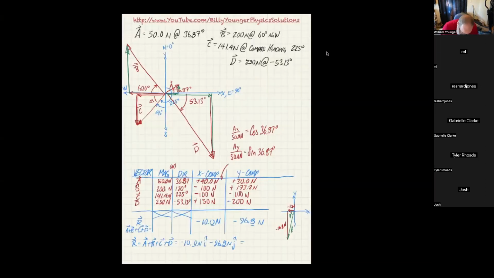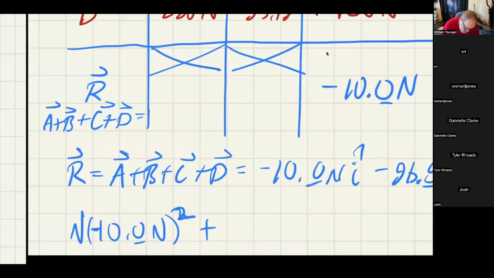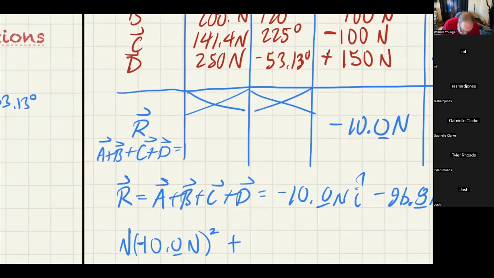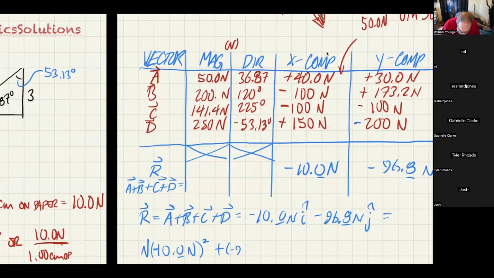So I'm going to take the Pythagorean formula and compute negative 10.0 newtons squared, and then negative 96.8 newtons squared, so 10 squared plus 96.8 squared.